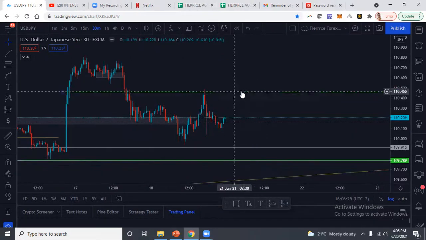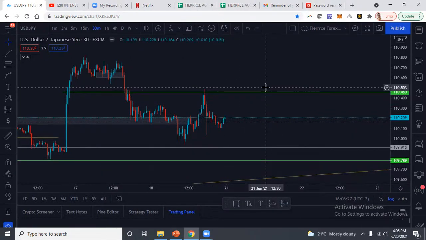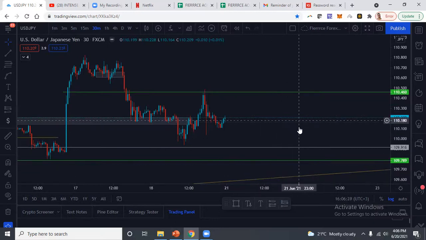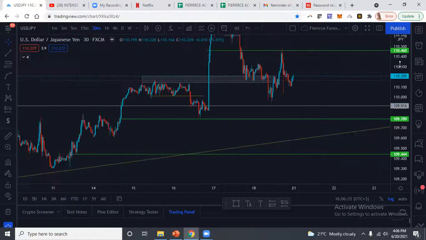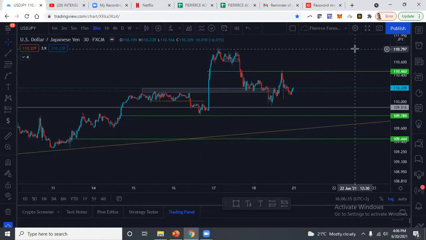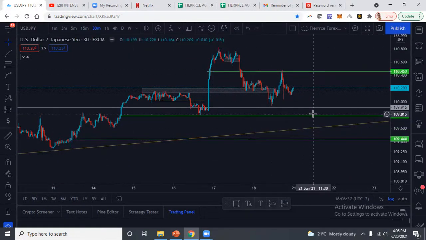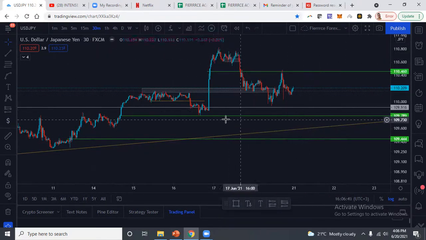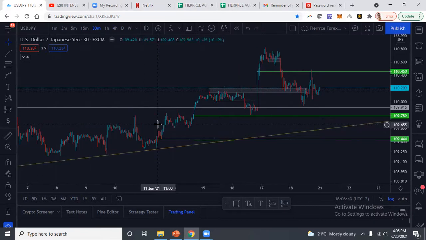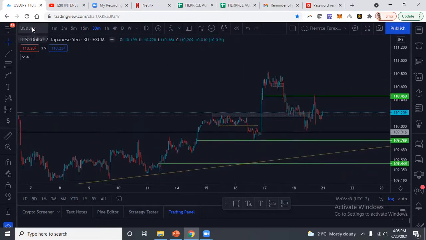If we fail to break this high, then we'll probably just drop and retest this previous trend line here before we continue to the upside. But just remember, guys, that long term we are bullish. Short term we may push lower, based on the structure that I can see here. But like I said, we wait and see how the market opens. So that's UJ.